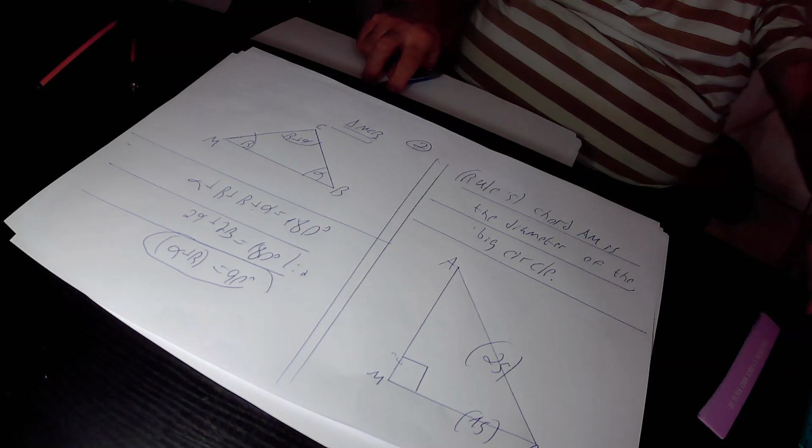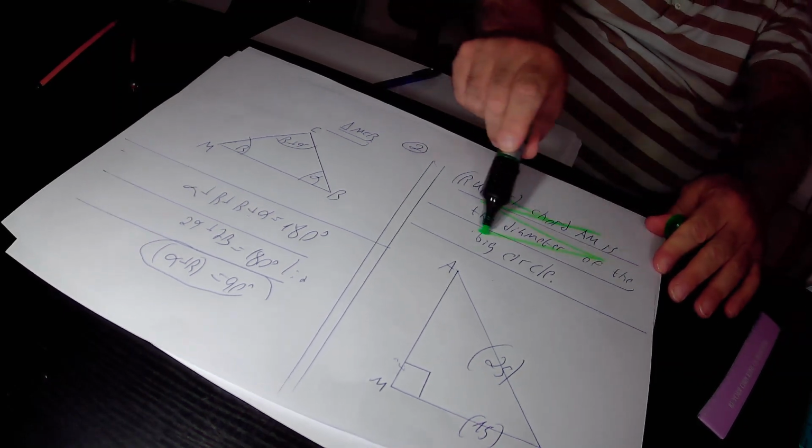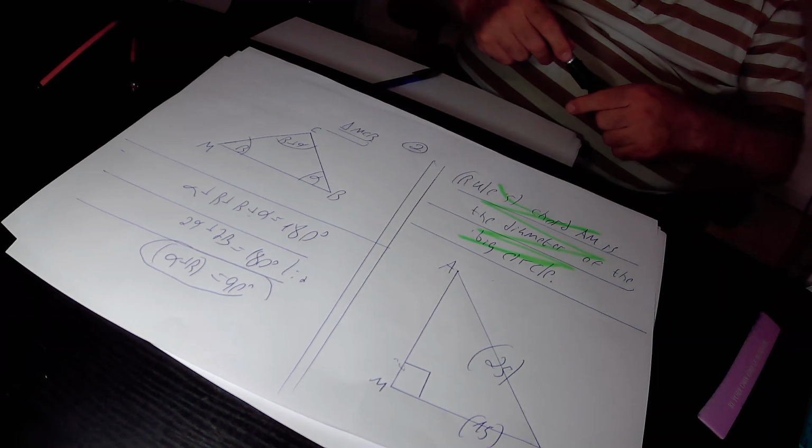But we already found out that according to rule 5, chord AM is the diameter of the big circle.